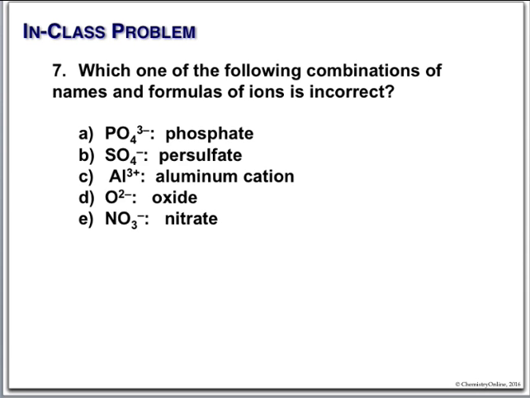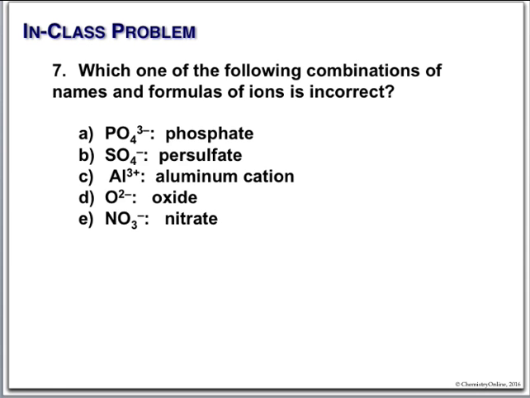Aluminum. Aluminum is a group 3 metal. Therefore, it's a +3, isn't it? Oxide. Oxygen is a group 6 nonmetal. It has to gain 2 electrons to get over to the noble gases. Therefore, it's a -2. Nitrate. This is the parent for the nitrogen family. NO3, 1 negative charge.